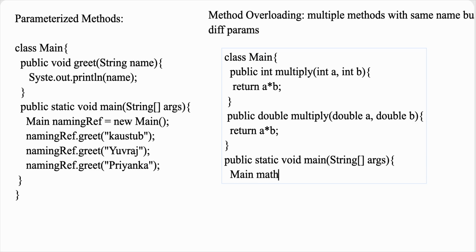Here math is a name, like a reference name, you can say variable name, with the new keyword and Main. Okay, so here we need to call those methods. So here System.out.println, math.